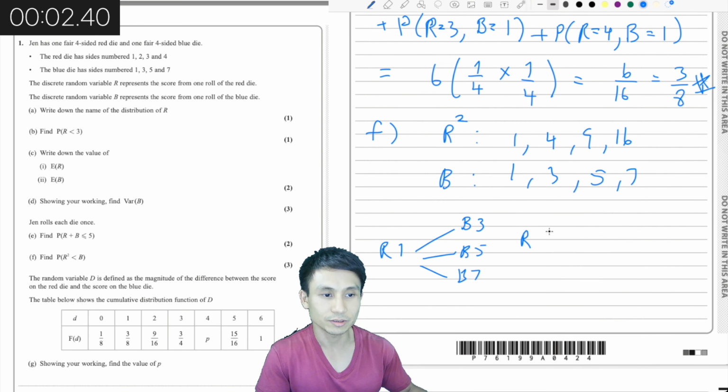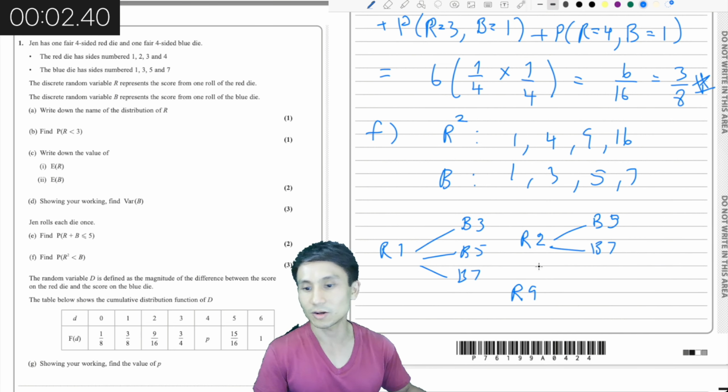If R is 2, because 2 squared is 4, then B can be 5 and 7, right?